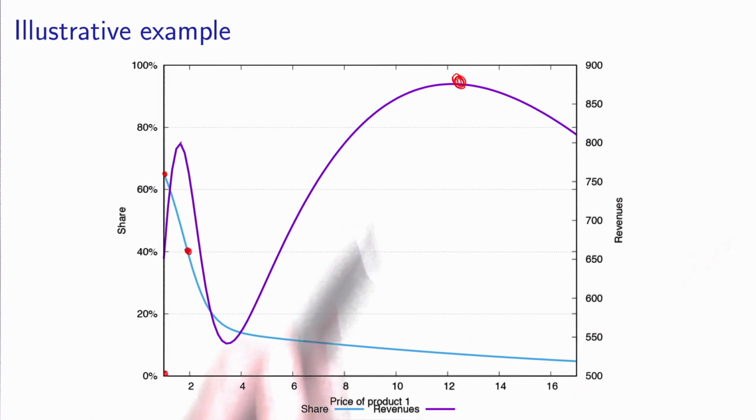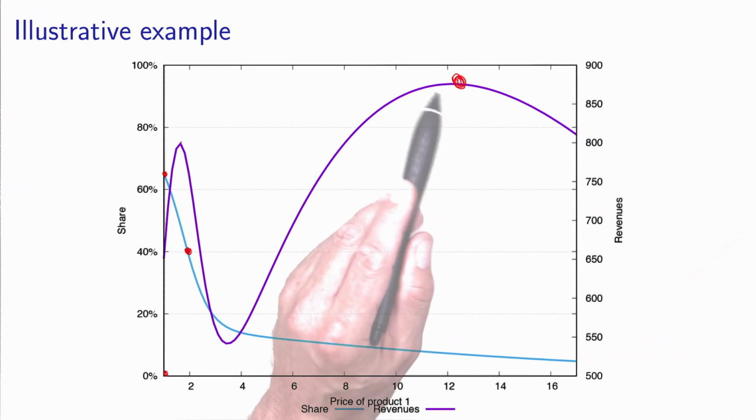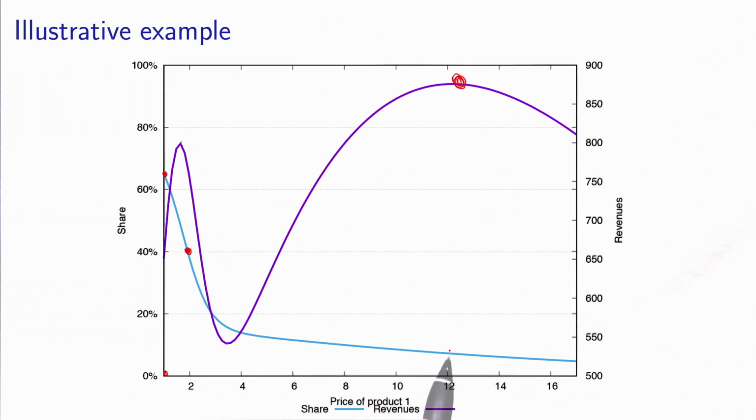So this is the price of 12. Basically, you generate more revenue with very little market share, right? You are at about 10% of the market share, but you generate a lot of revenue because each sale generates a lot of money.